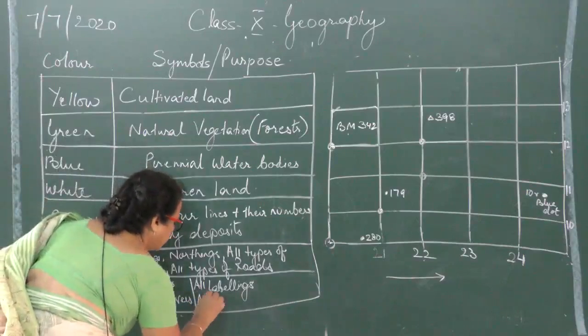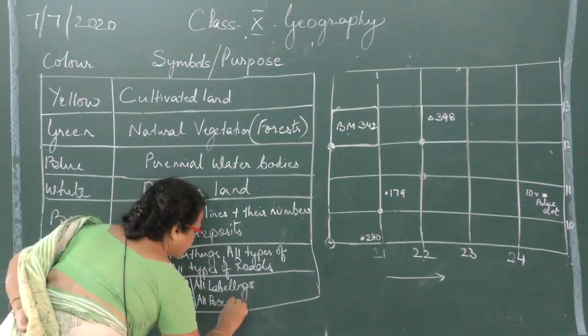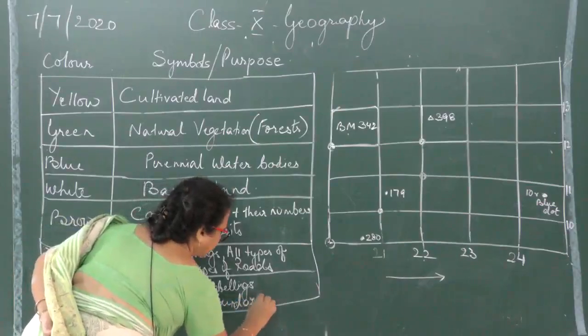All boundaries are in black, boundaries of countries, of districts, of states. All boundaries are in black.